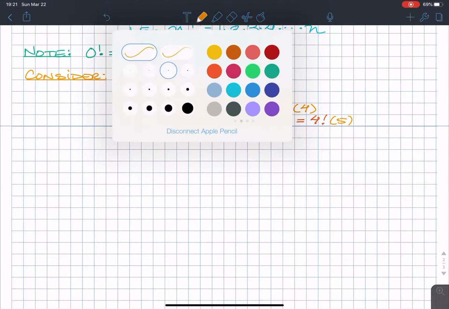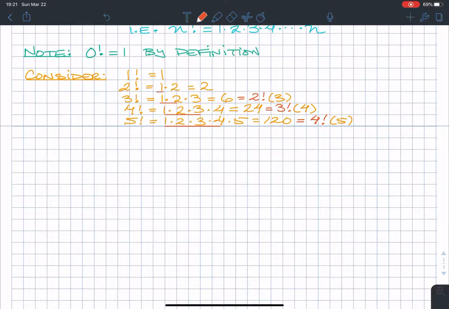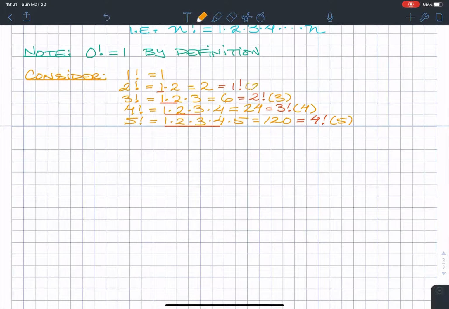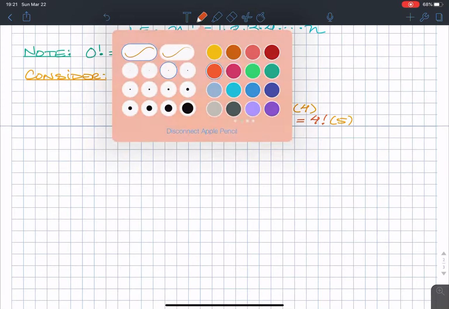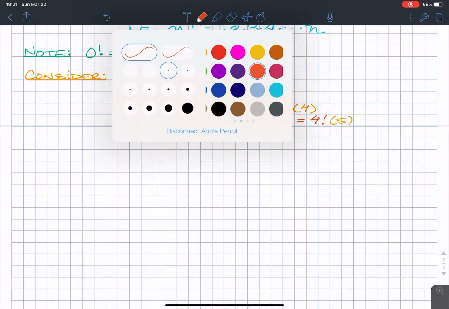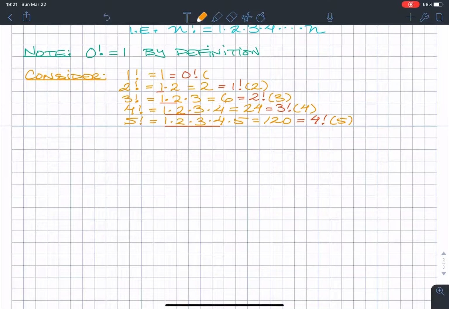Moving up, 2 factorial I claim is 1 factorial, or 1, times 2. And is it true, based on our definition, that 1 factorial is 0 factorial, or 1 times 1? Yes, it is.